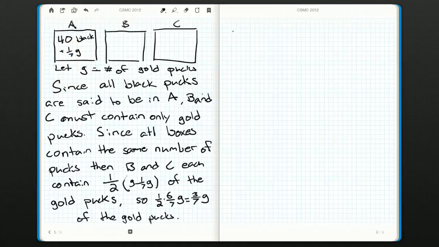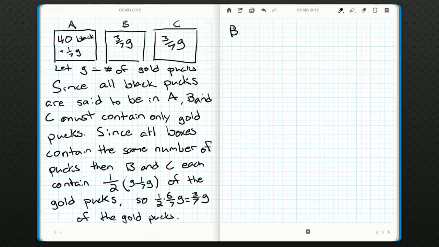Alright. So we could put 3/7 G here and 3/7 G here. But we know that A and B also have to contain the same number of pucks.